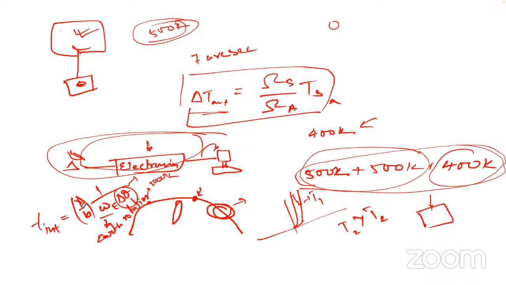And lambda by B is the resolution of the telescope. Sir, what is the unit of theta, sir? Theta is in radians.